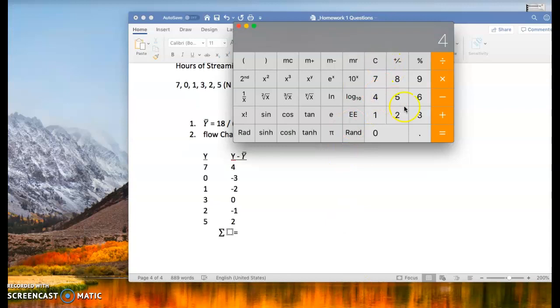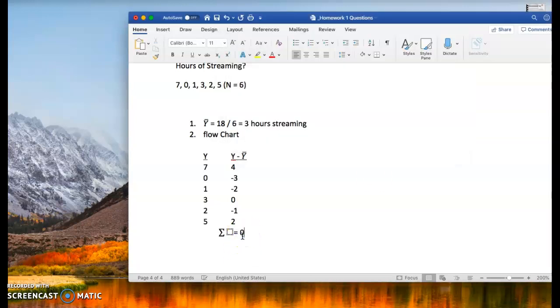Add these up. 4 plus -3 plus -2 plus 0. Let's just go ahead and throw that one in there anyways. Plus -1 plus 2 comes out to 0.